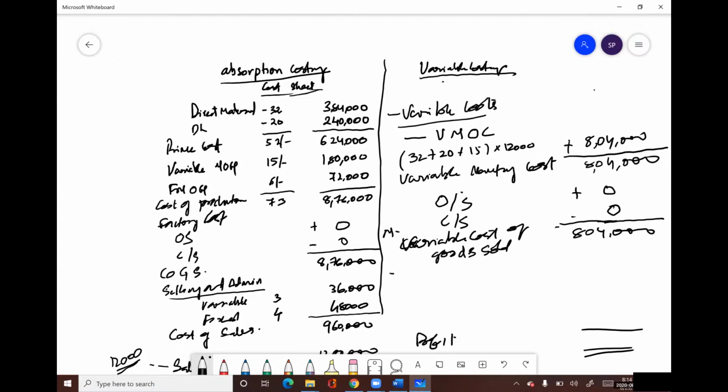Yes, sir. Now to this, what do we add? Selling and administrative variable cost we will add. How much is this selling and administrative variable cost? 36,000. Then what do you get?